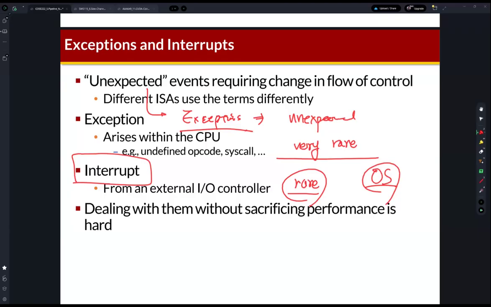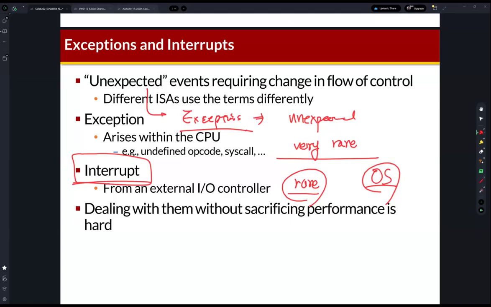We use hardware for fast operation, right? But rare and slow events can be handled by software or operating systems. These events are called interrupts. Interrupts are events from the I/O devices.